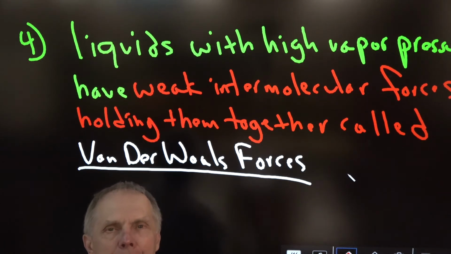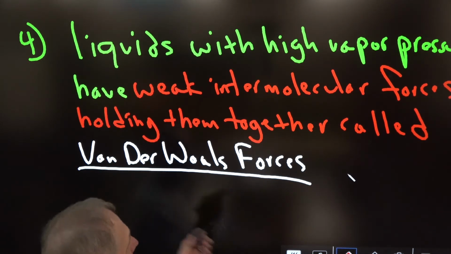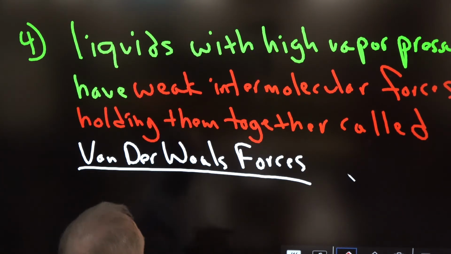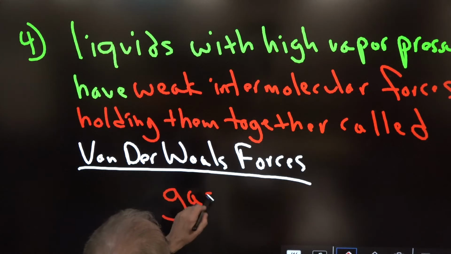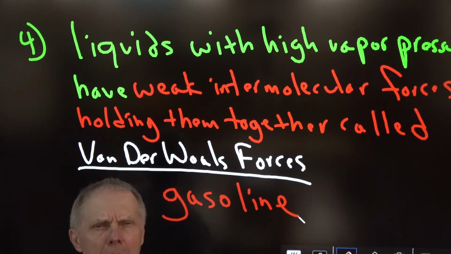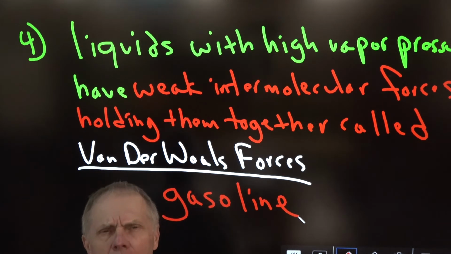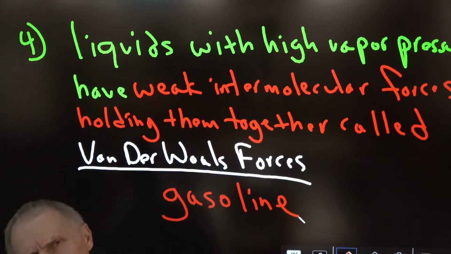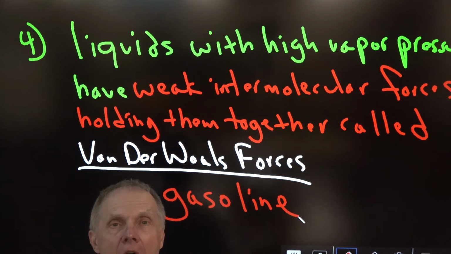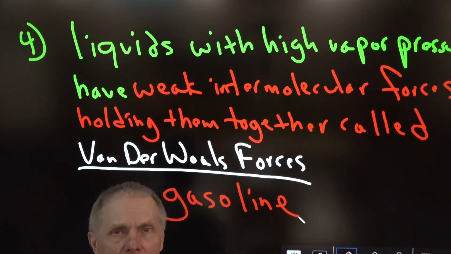Usually non-polar molecules. The best example of non-polar molecules held together by van der Waals forces is this. Gasoline, most petroleum products, gasoline, ether, butane, propane, octane, all those things are non-polar molecules and they don't really attract each other.